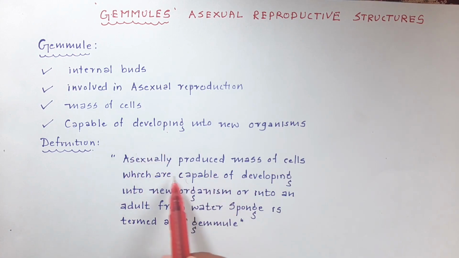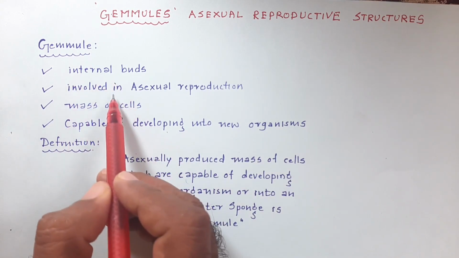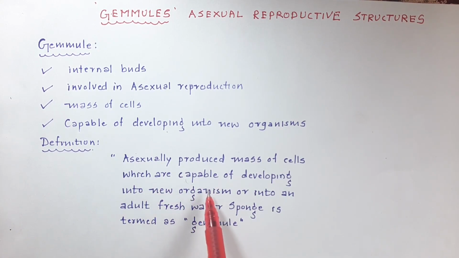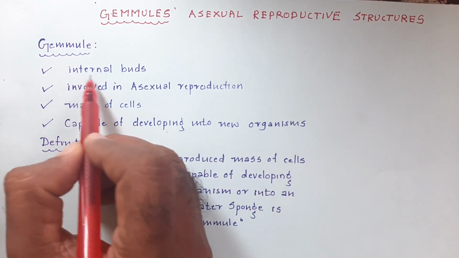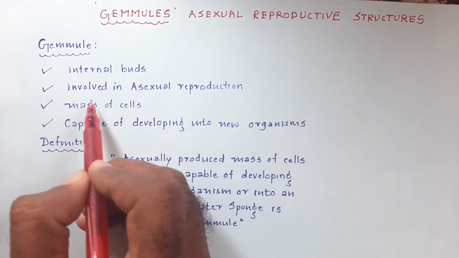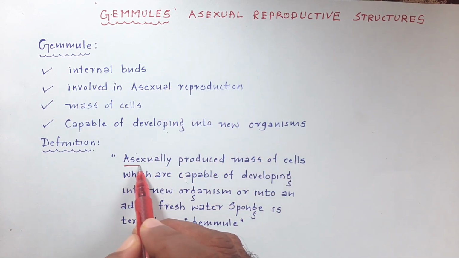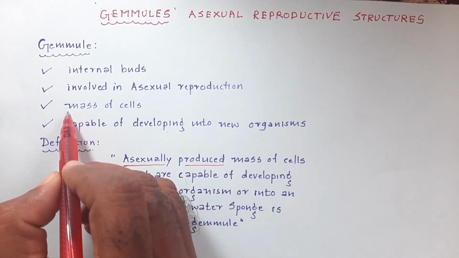So here in this definition, all the points whatever we have discussed initially are actually explained, means correlated here in the definition. So first of all, what are the gemmules? Gemmules are internal buds involved in asexual reproduction. So that's why here asexually produced, then mass of cells.